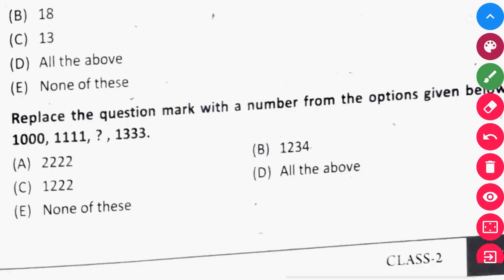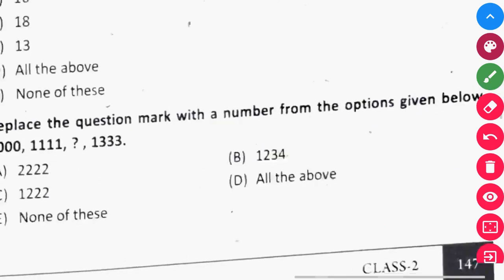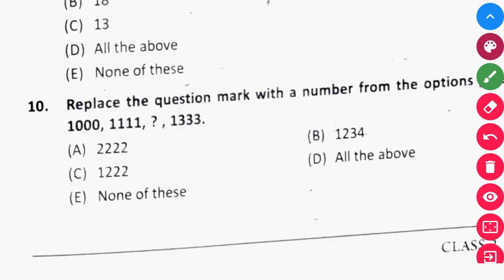Okay, now replace the question mark with the number from the options given below. Now the first number is 1000. 1 and three zeros means 1000. Then all three zeros are replaced by 111.